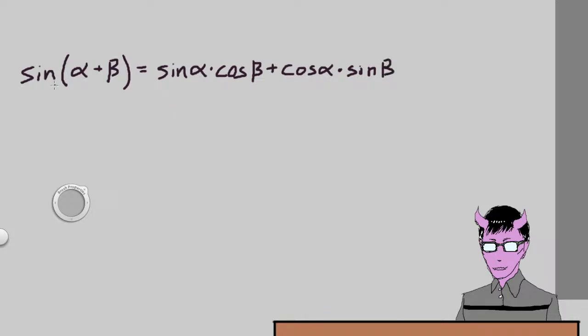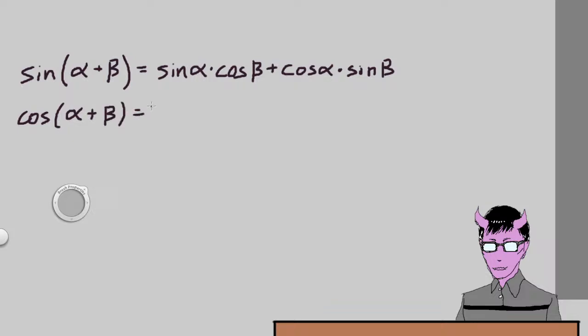All right. So that's the first angle sum or difference identity property for the trig function sine, and then we have the cosine one. Cosine is going to be same arguments. We're going to have the alpha plus the beta.